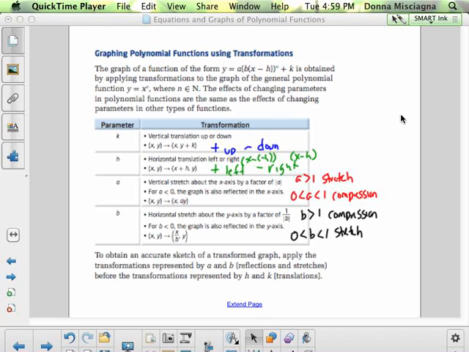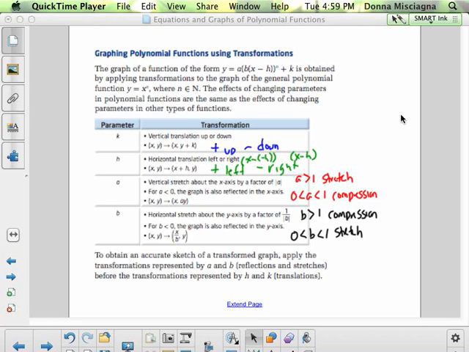Unless, of course, it's on the other side of the equation, because we'd have to add the opposite to move it back. H is added to x, and remember there's a negative with the equation, so if we see x plus h, that's the same as x minus a negative h, and it moves it left. If we see x minus h, it moves it right.